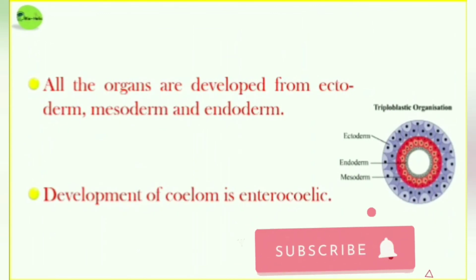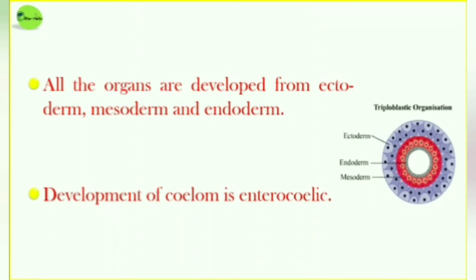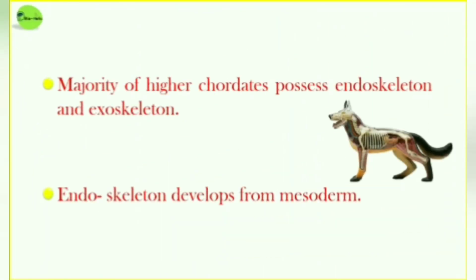As I have mentioned, chordates are triploblastic animals, so all the organs develop from the ectoderm, mesoderm and endoderm germ layers. The development of the coelom is enterocoelic, meaning the coelom arises in the embryonic stage of development. Now, the majority of the higher chordates possess both exoskeleton and endoskeleton.